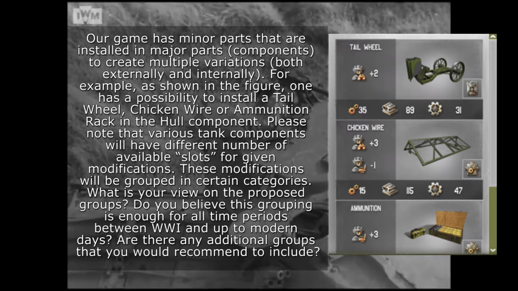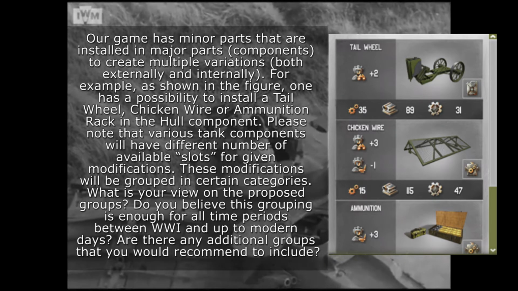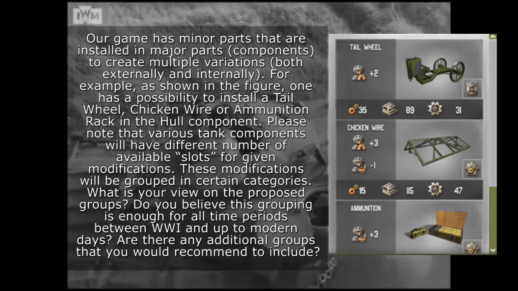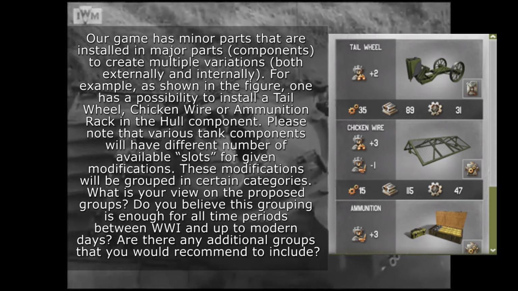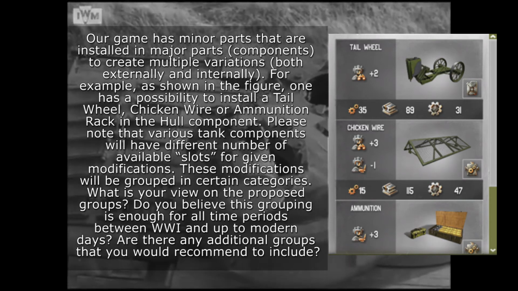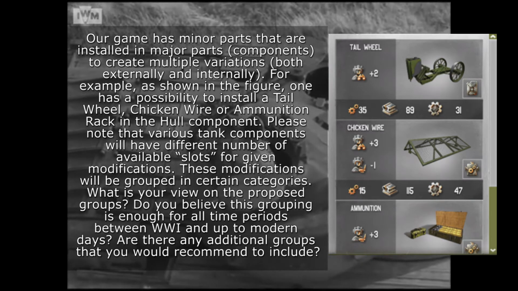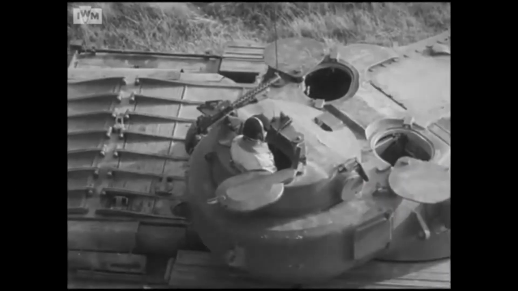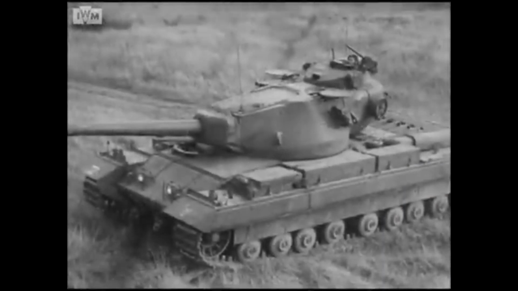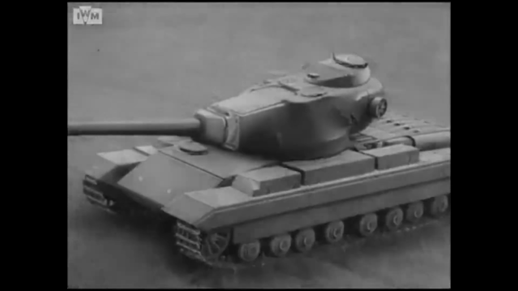These modifications will be grouped in certain categories. What is your view on the proposed groups? Do you believe this grouping is enough for all time periods between World War I and up to modern days? Are there any additional groups that you would recommend to include? Well, let's have a look at each group in particular, and let's start with the hull.